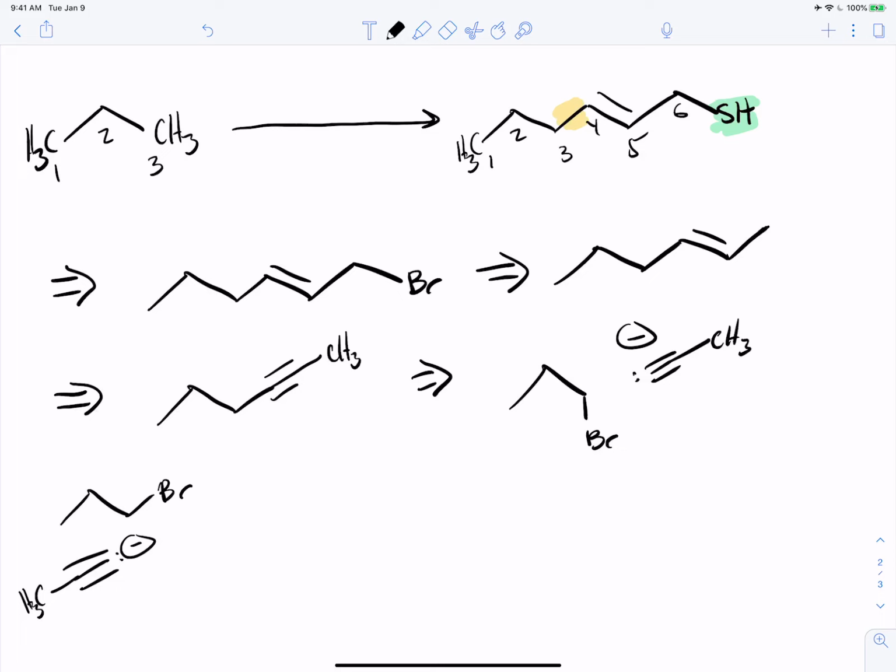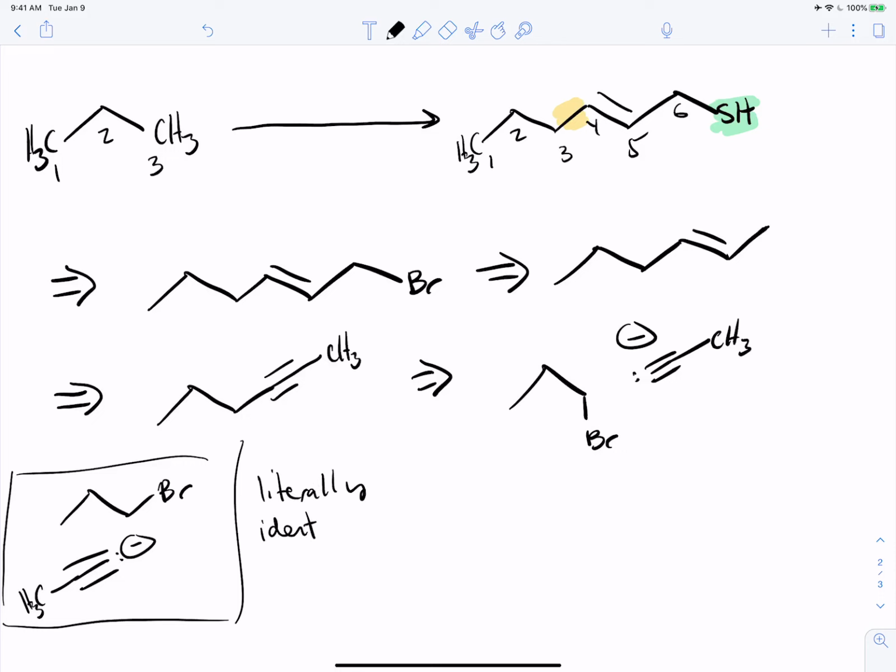And so this part of the problem is literally identical to the preceding problem. We make those carbon fragments in exactly the same way.